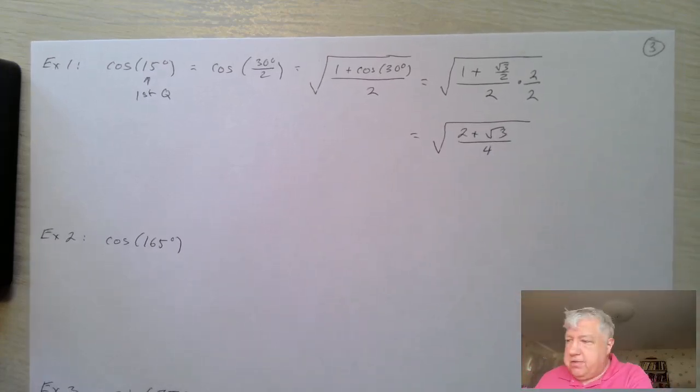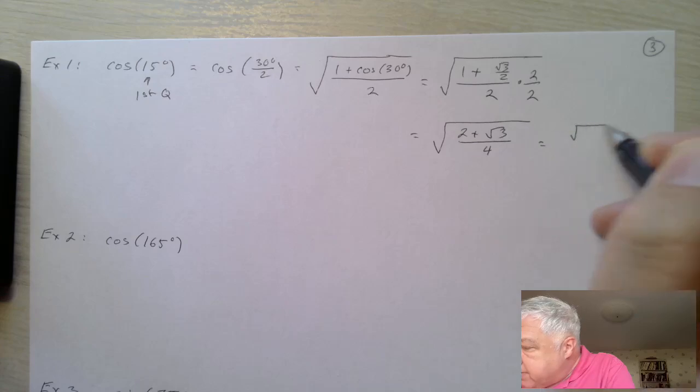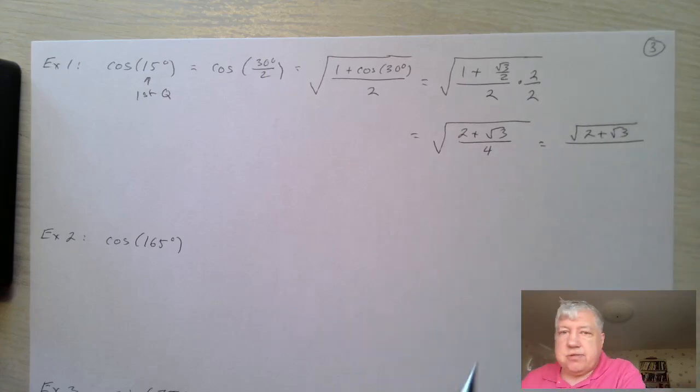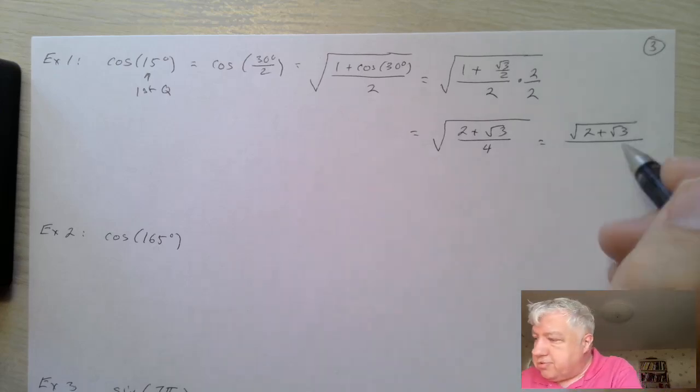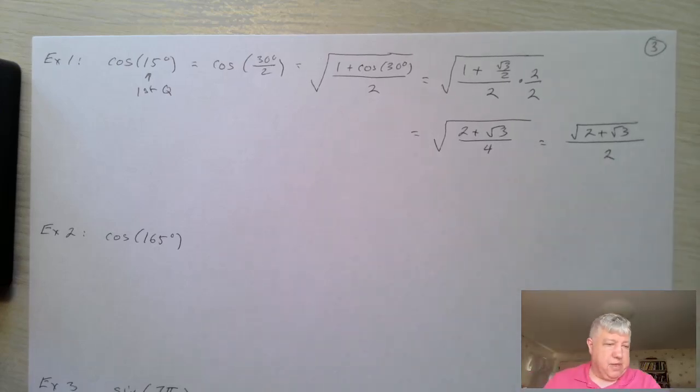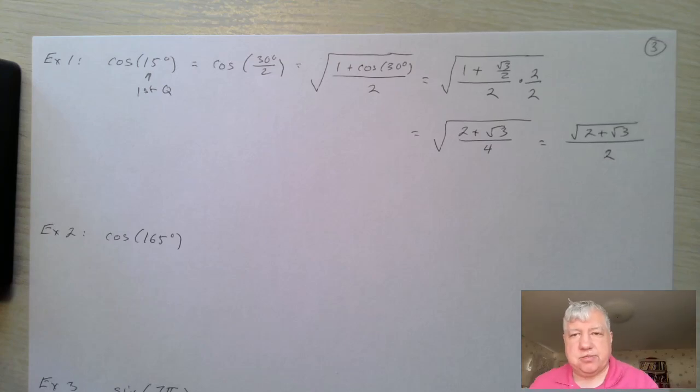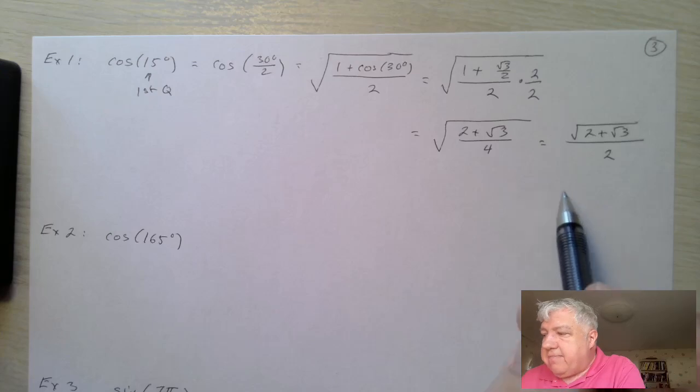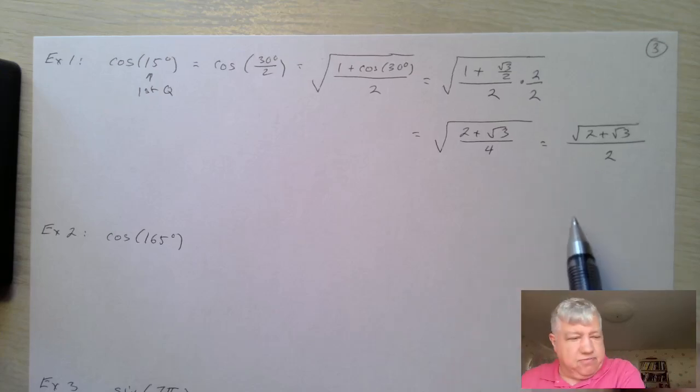Could leave it like this, or we could write this as the square root of 2 plus square root of 3 divided by the square root of 4, but the square root of 4 is 2. Okay. And so we have that: square root of 2 plus square root of 3, all divided by 2. Now, in the previous video, we did this, we got a different form for it.